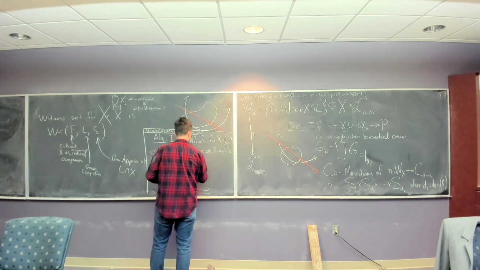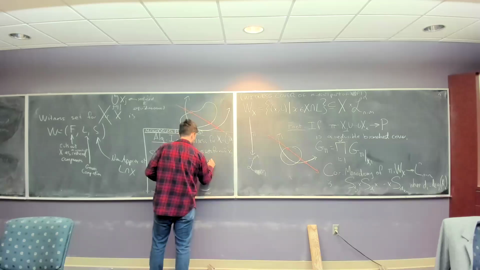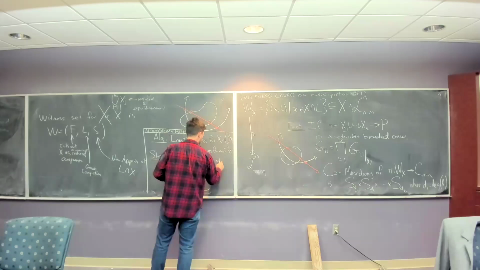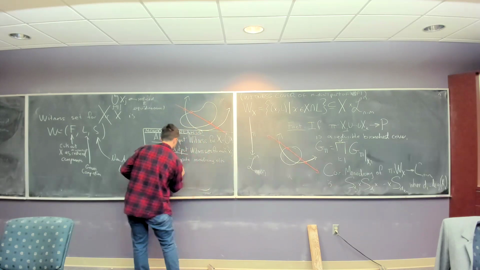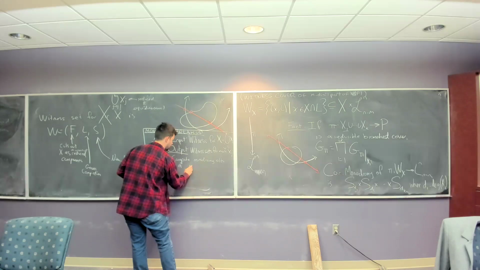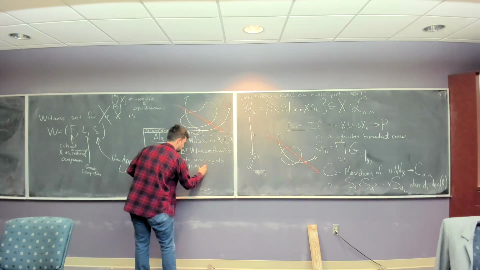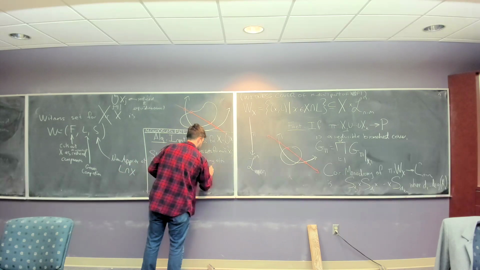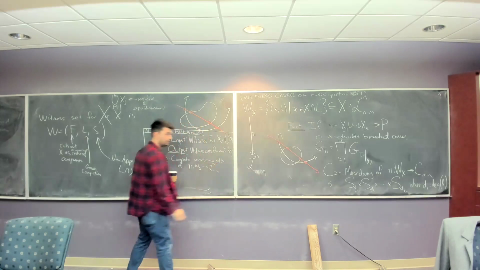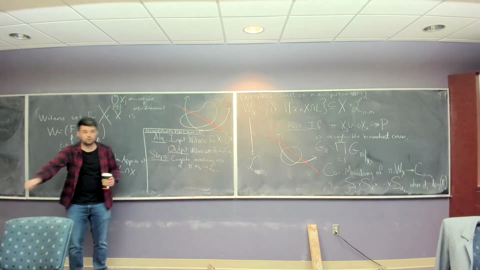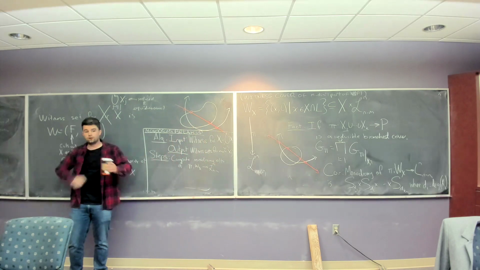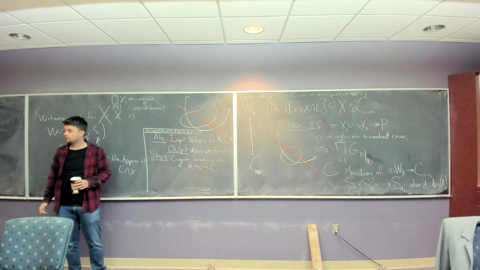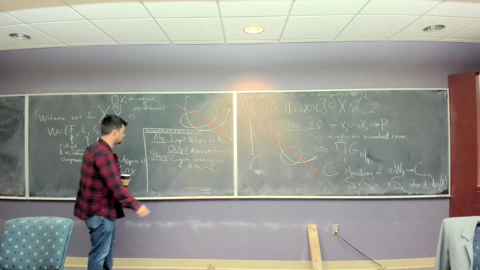Compute monodromy elements of G. I'm going to go on a bunch of loops. Loop-de-loop-de-loop, over and over and over again.